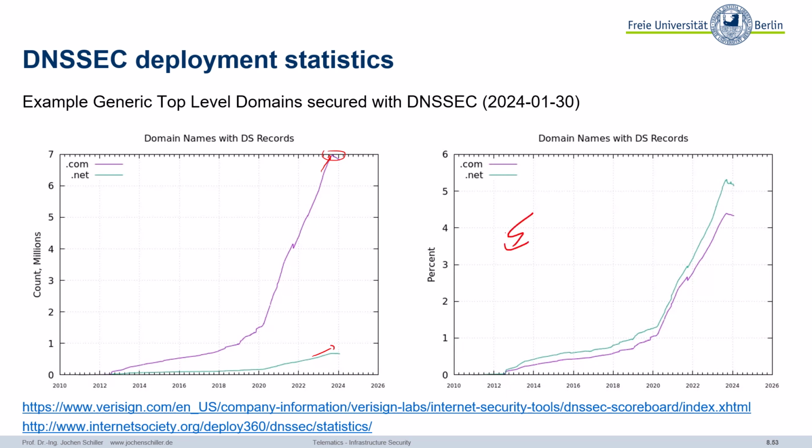Look here, that's the percentage of the domain names that really use DNSSEC. That's not that much. We're here around 5-point-something percent of .net and 4% of .com. So this is not really good.